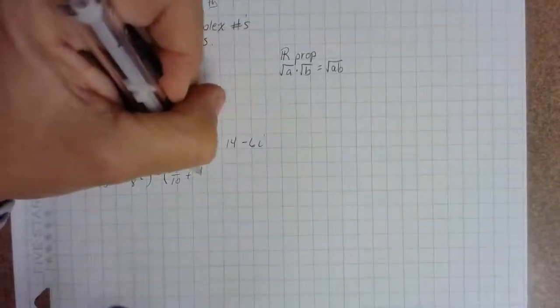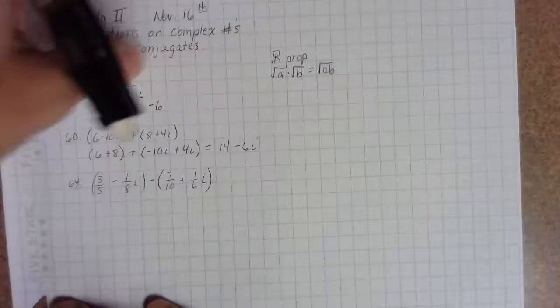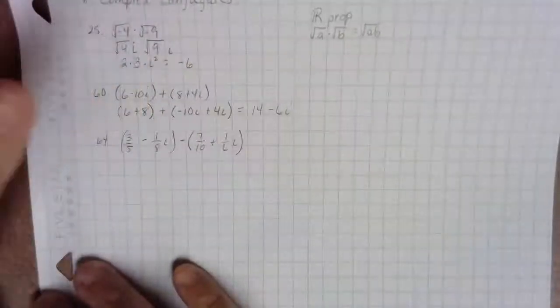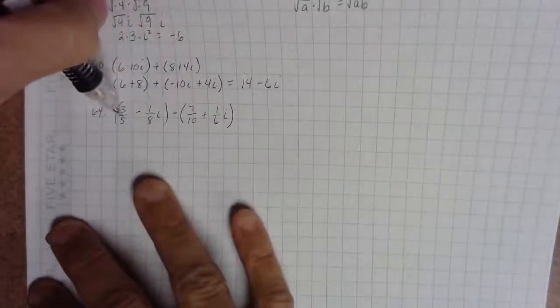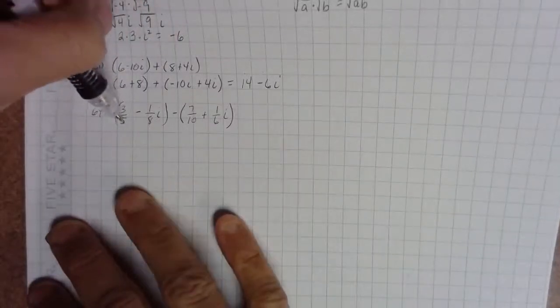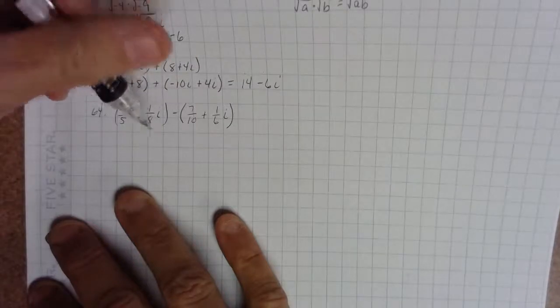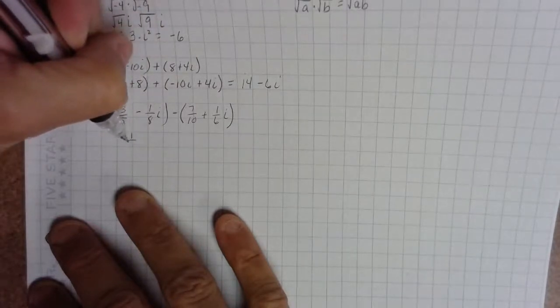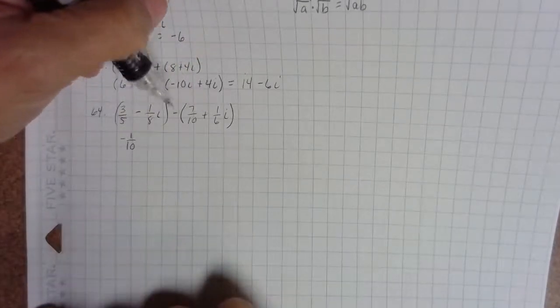You know, I know you've got your Casios and they do a lot of that for you, but it would be really good for you guys to try to do some of the stuff in your head. Change these tenths in your head. So it'd be 6/10 minus 7/10 is -1/10. And then the least common denominator of 8 and 6 is 24.